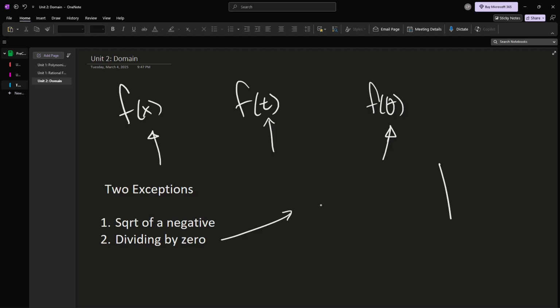Or if you're given a graph, because we've done some graph problems, and asked what the domain is, the domain is from this point to that point.